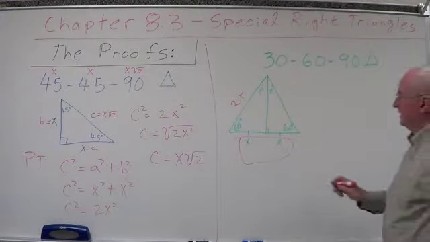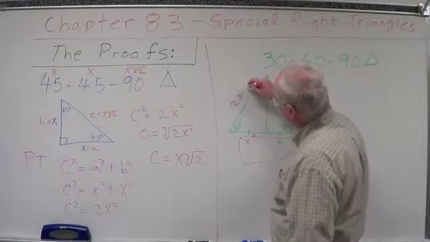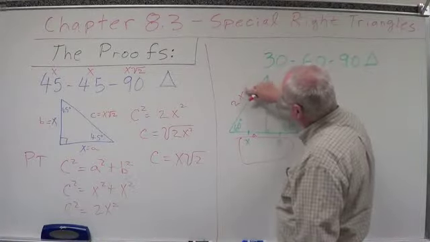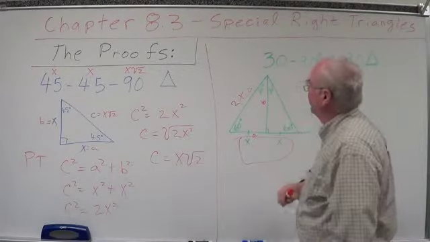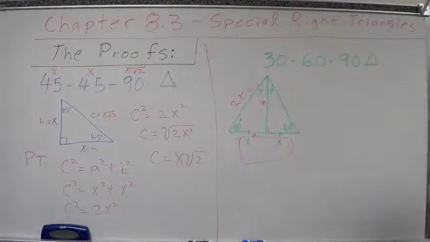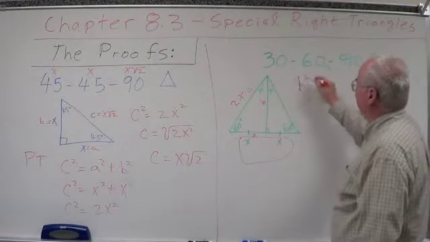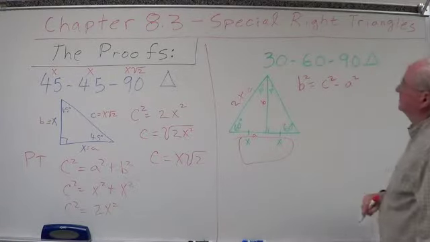Okay? This right here is going to be A. This is going to be B. No, that's not B. That's what? That's across from the 90 degree angle, so this is C, and we sure would like to find B. Alright? So what's B squared equal? B squared equals C squared minus A squared.